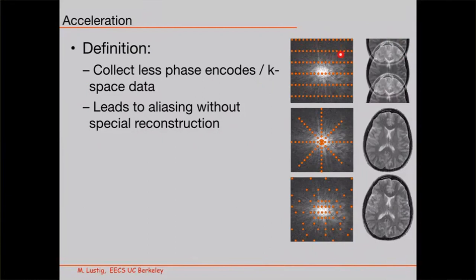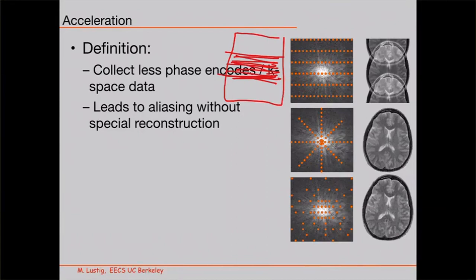This is as opposed to something like collecting just the low resolution k-space, right? That's low resolution imaging. Yeah, it's faster, but it's low res. In this case, you keep the resolution, but you lose the field of view. Does that make sense?